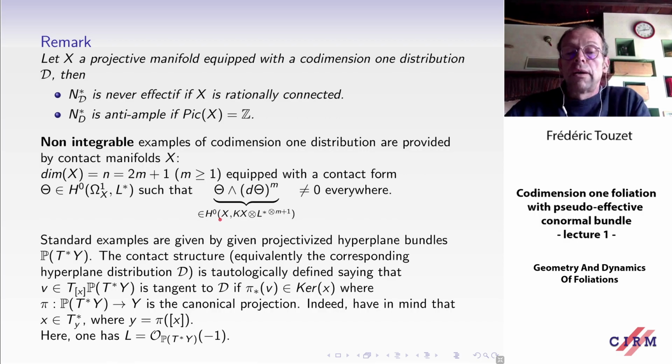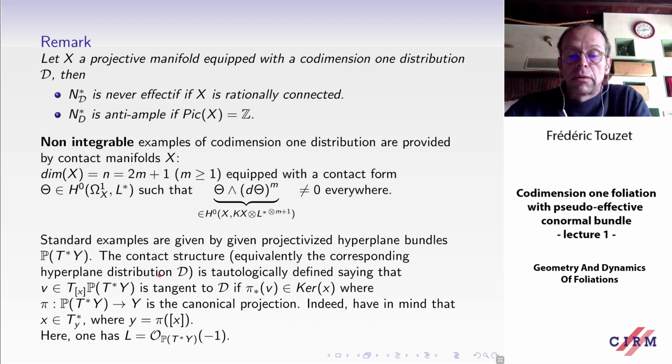And there are natural manifolds which carry naturally such structures, namely the projectivized cotangent bundles. If one prefers, the projectivization of the cotangent bundle of a given manifold Y, and the contact structure is somehow tautological on it.